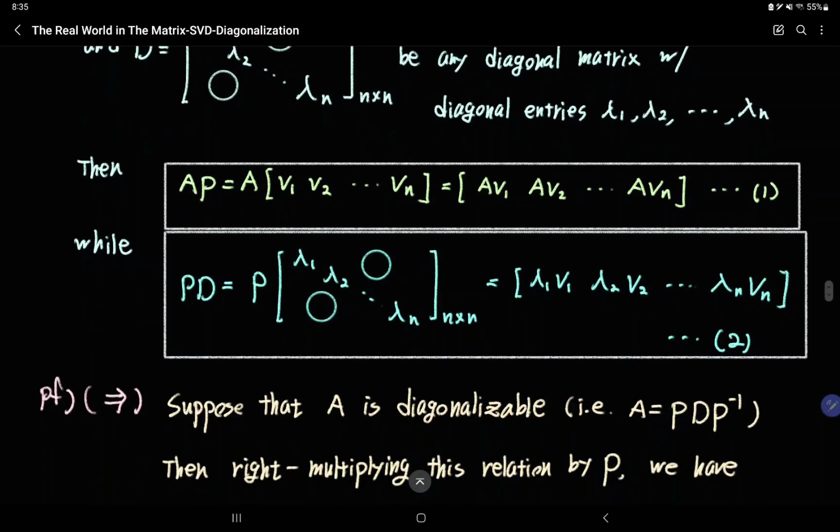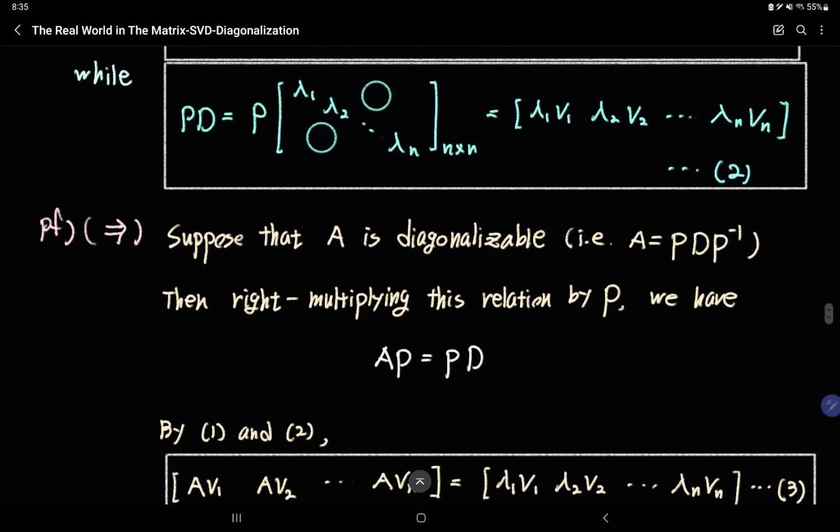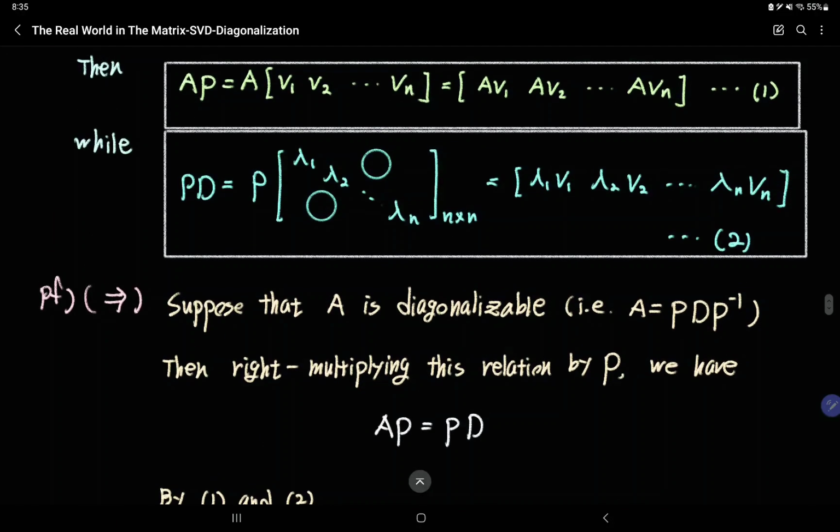Now we prove it. We assume that A is diagonalizable, which means that A is PDP inverse. Then we right multiply by P on both sides, and we get AP equals PD.